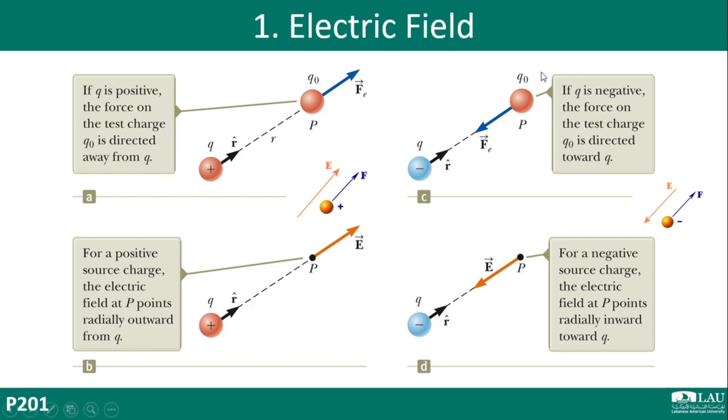Now if we take the same approach but with a negative sign, Q is negative, so the force on the test charge is directed toward Q. It's an attraction force. In this case, the electric field is directed toward the source charge, because the test charge is attracted toward the negative charge.